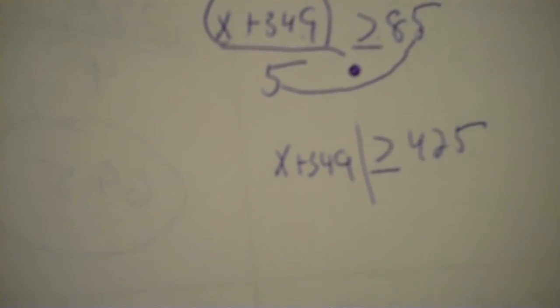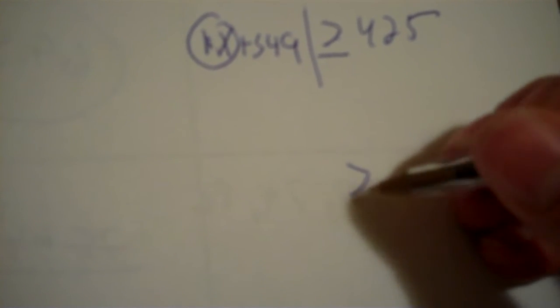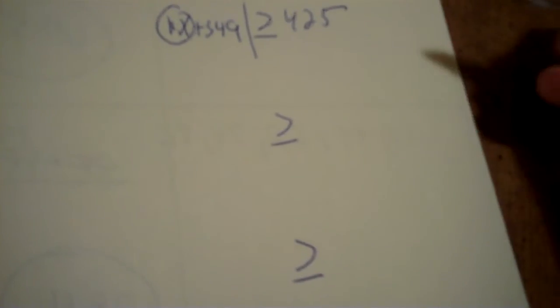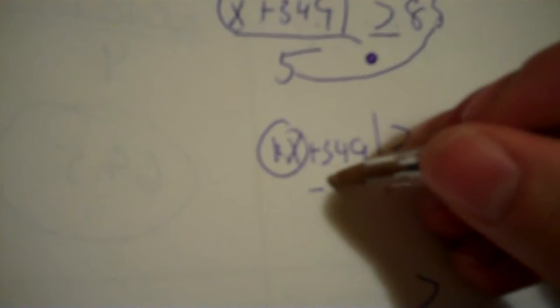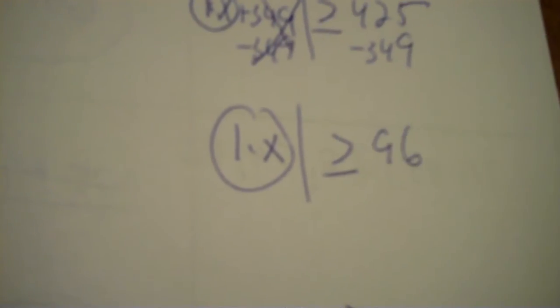Now the wall can come up, okay? 1 dot circle, so the sign isn't going to change because the 1 on the inside is positive. Now we do have to get rid of the 349 outside, so I line my sign up in the middle, just like that, and I subtract 349. So 1 dot x, 425 minus 349 is 76. 1 times what's 76?